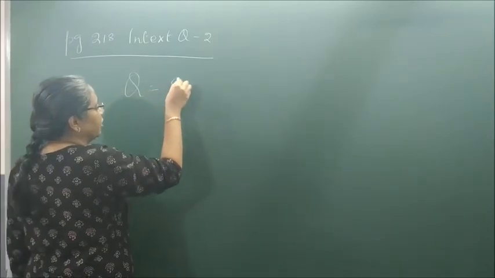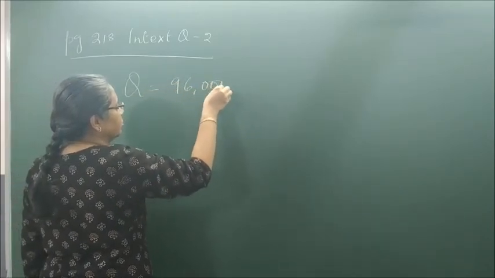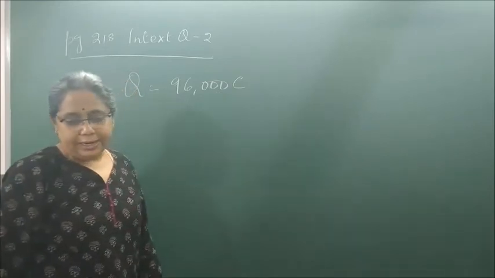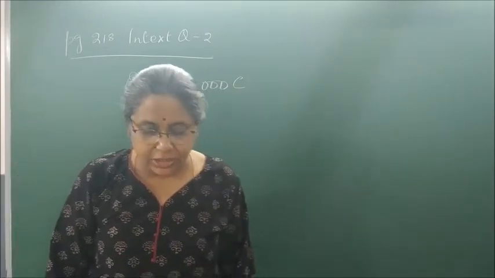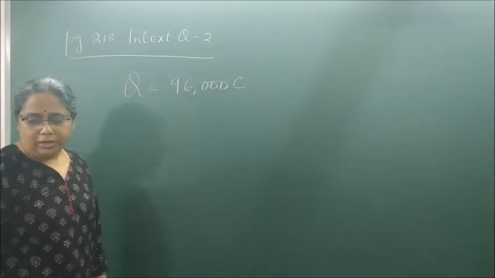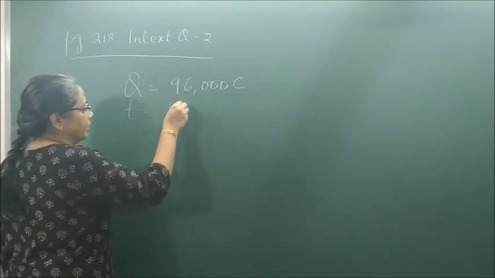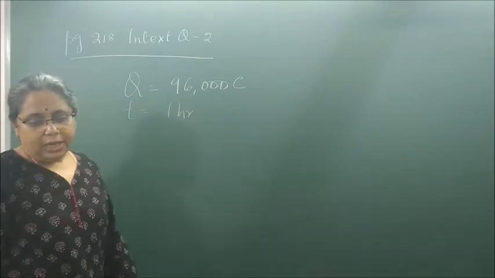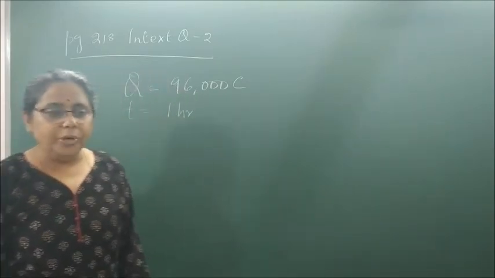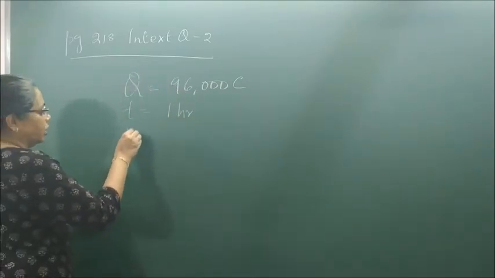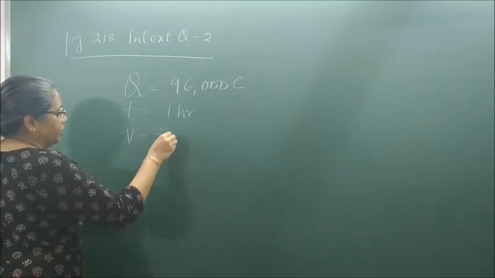Q is given as 96,000 coulombs. The time is 1 hour. And through a potential difference of 50 volts, V is given as 50 volts.